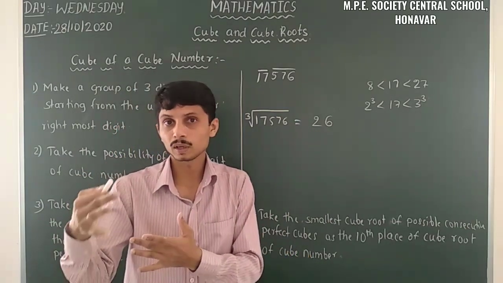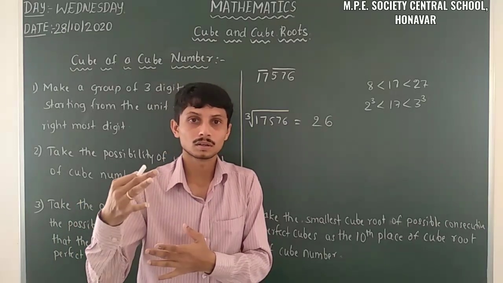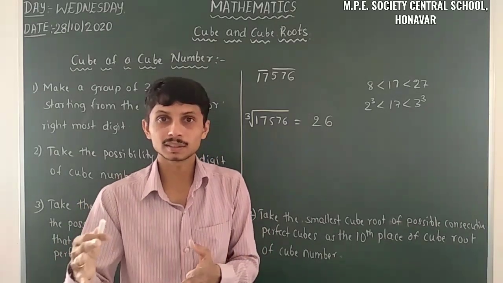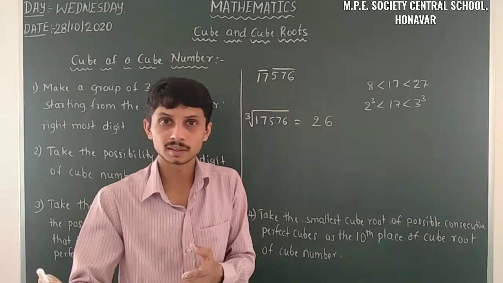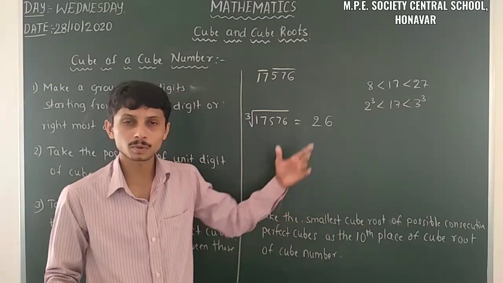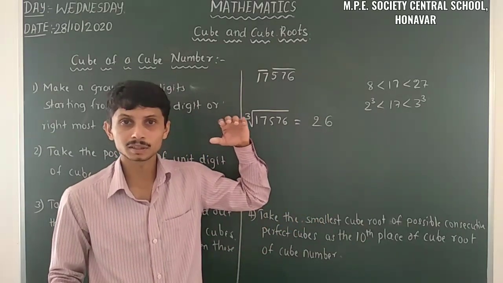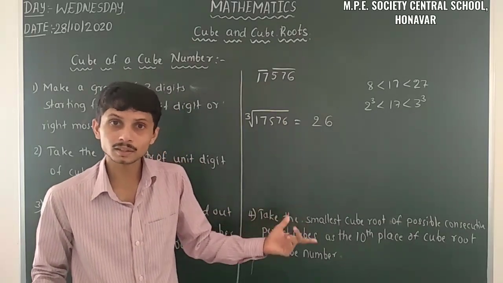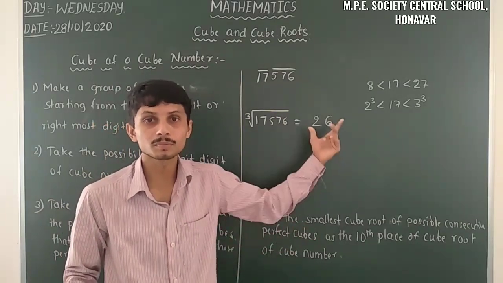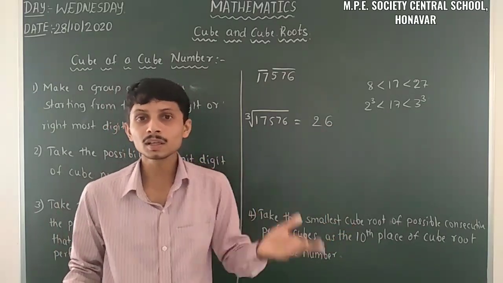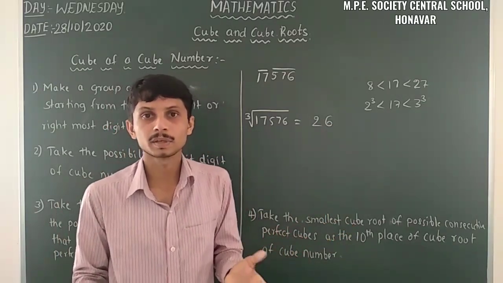In case you have to find a cube root carrying some marks, like 2 marks or 3 marks, then you have to find the cube root from the prime factorization method. Also you can verify using this method whether it is correct or not. You can verify from the prime factorization method also.